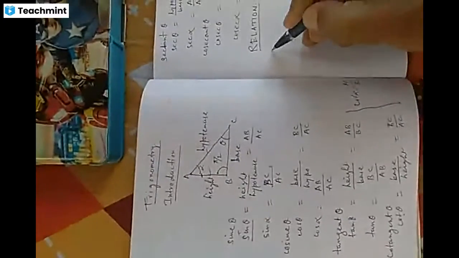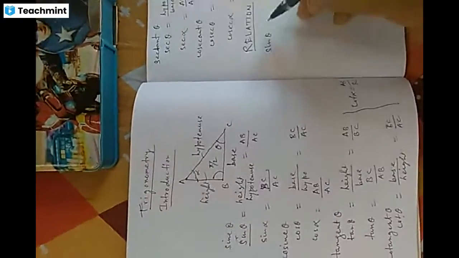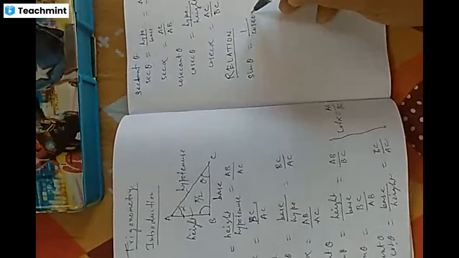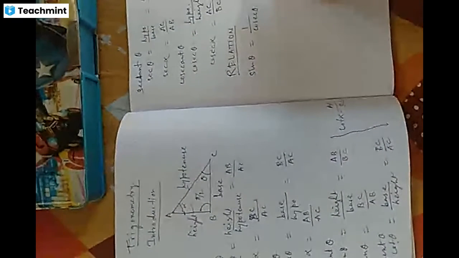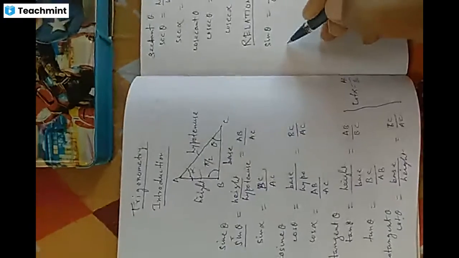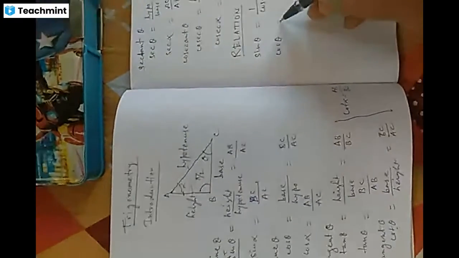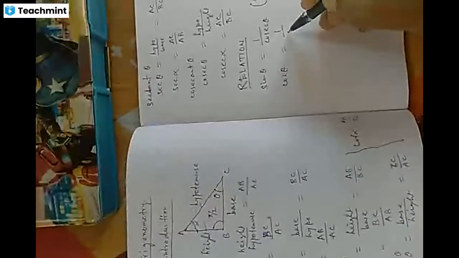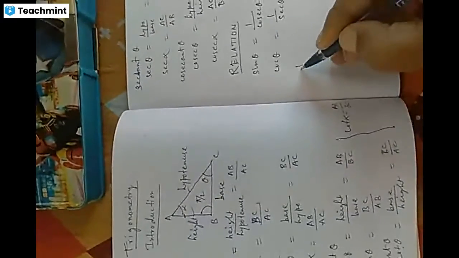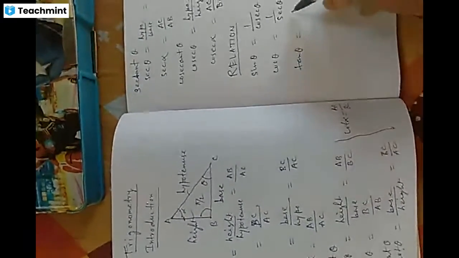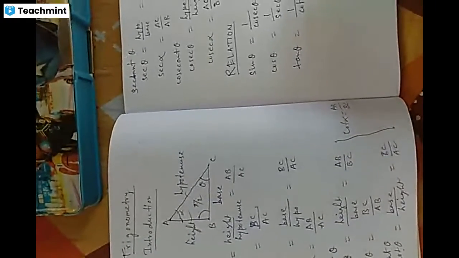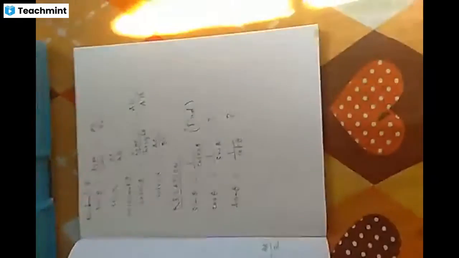We can see that sine theta is 1 by cosec theta, cos theta will be 1 by sec theta, and tan theta will be 1 by cot theta. You can very easily prove this.